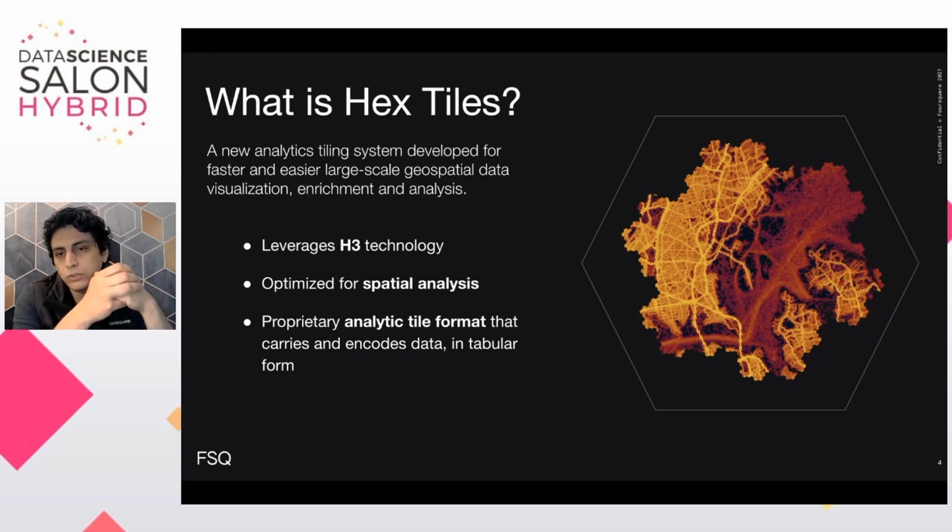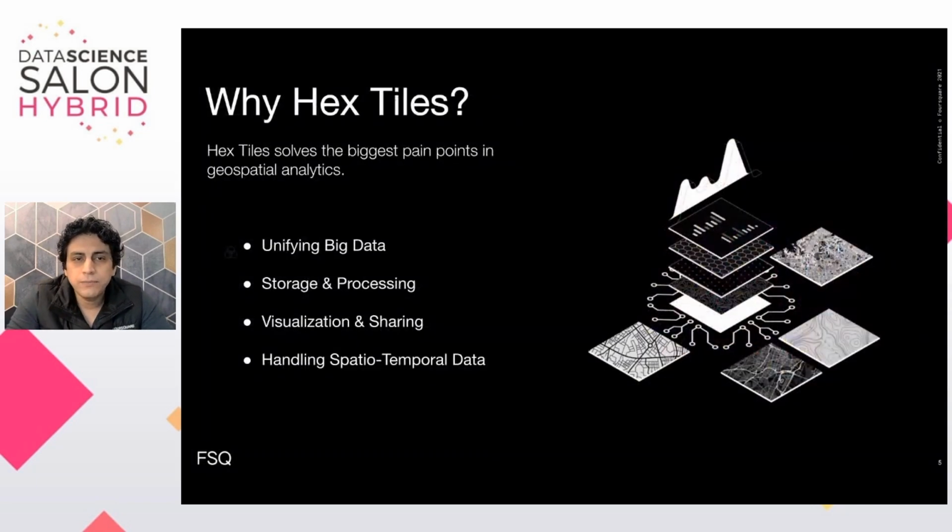Also, these tiles have this beautiful property of being tabular. And when they're tabular, as data scientists, we all say data frame, right? So they can easily translate to a data frame format. And if it's in a data frame, it's much easier to manipulate it, play around with it, and even work with it.